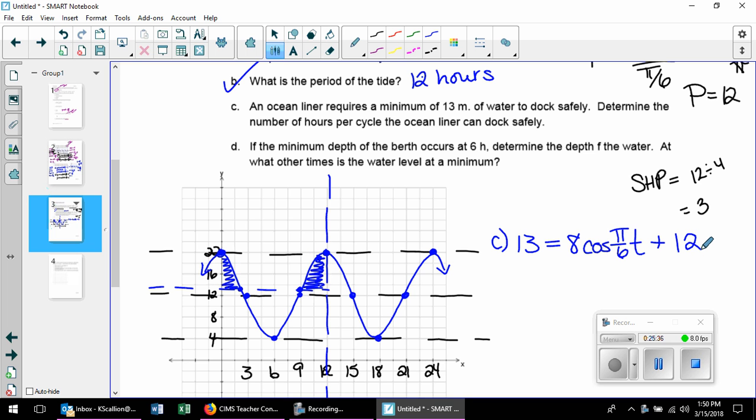That was my equation. Yes? All right. We're going to solve it. So I need to isolate t.